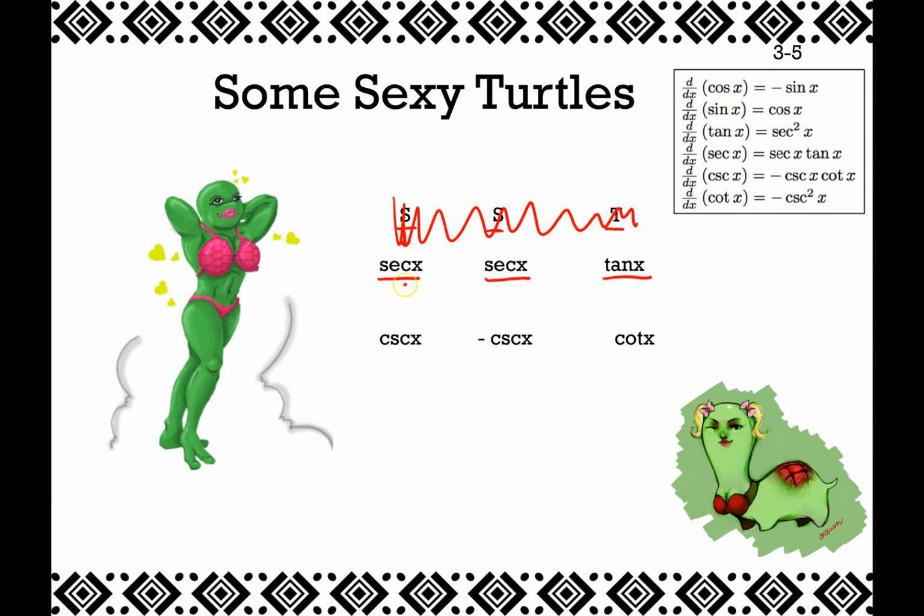Now we're looking at these values, and we're basically going to write the co-version of it, meaning we're just going to smack a co onto the front. So if this says secant, I would write this as cosecant. Here I've got a tangent, so I'm going to write the cotangent.